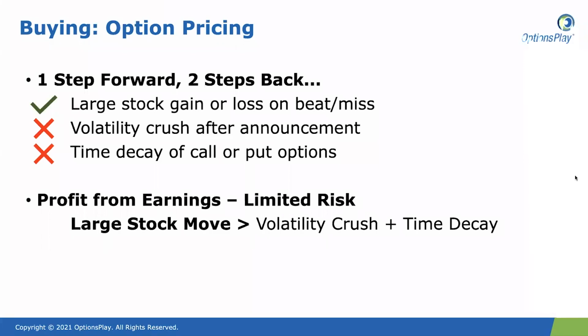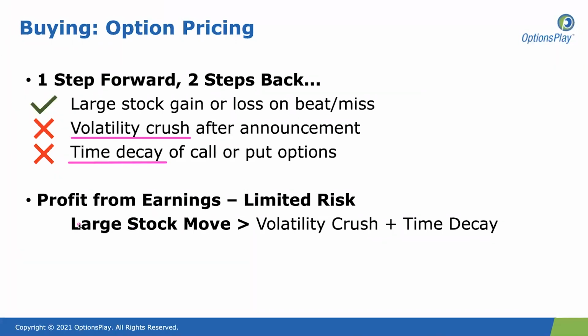But while you are playing for that opportunity, in the background, there are 2 things that are working against you. That's volatility crush, and time decay. I'm going to get into what these things mean, but just conceptually understand there's one thing that can potentially work in your favor if you get the directional view right, and in the background, there are 2 things constantly working against you.